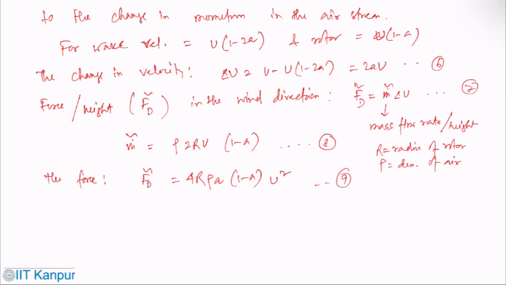So this force must be equal to the average force on all the blades during a complete revolution. This is what we have found using the blade element theory, by integrating around the circle and taking the number of blades into account.